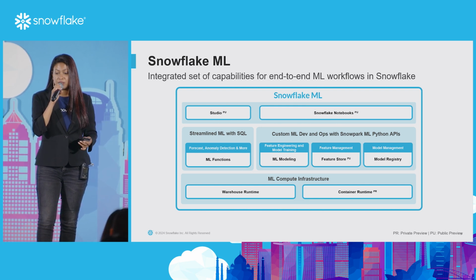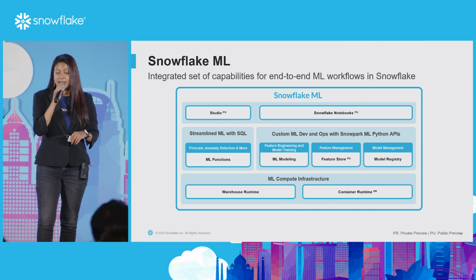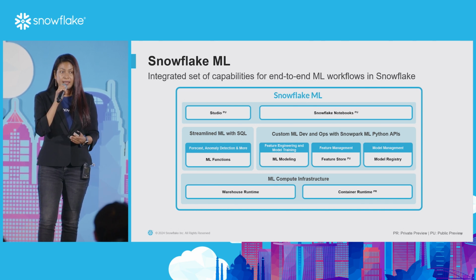You can use a feature store and a model registry. So the main topic for this session is going to be this custom ML dev and MLOps Python APIs in Snowflake. And on top of this, we can run on any of this infrastructure for compute that's provided by Snowflake.